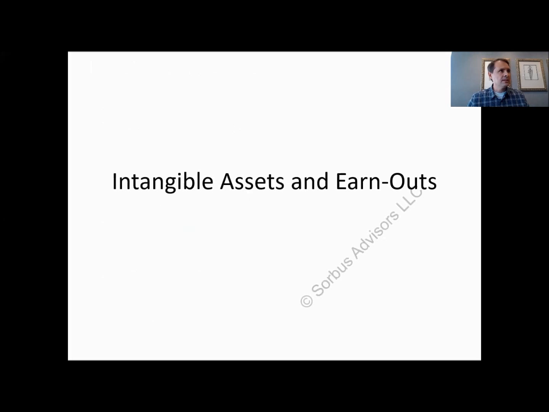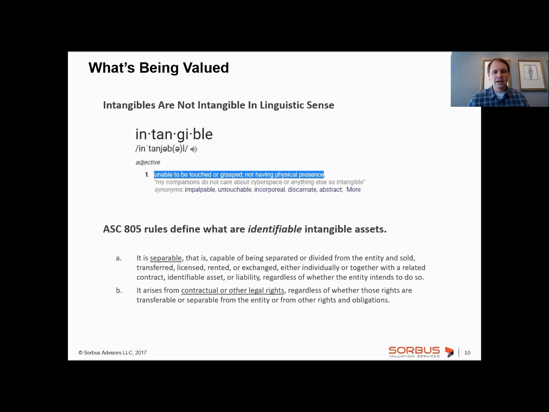Now, let's talk about the intangible assets here a little bit, since intangible assets would be the principal and main reason to do this. So intangible assets, first of all, how are they defined?